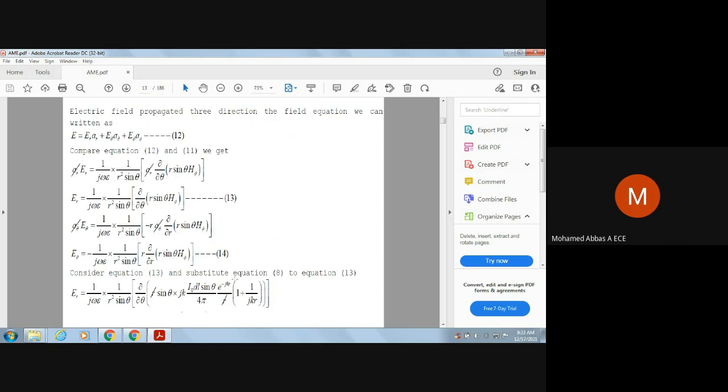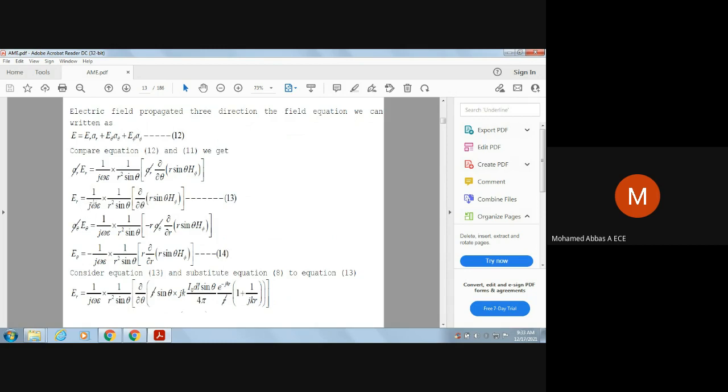So you can separate the terms, the functions with respect to ar and a theta. So equation number 12 is compared with equation number 11, and we are first finding the Er component, that is the electric field component along the radial direction.